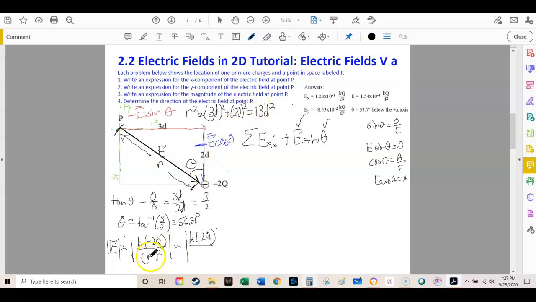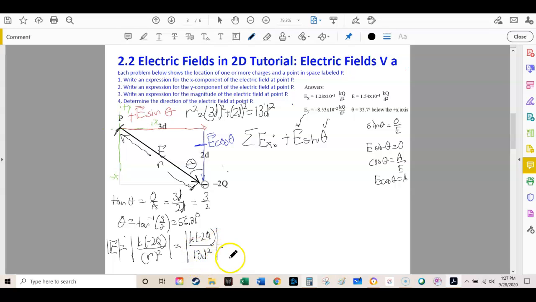Well, this is already r squared on the bottom, so don't put r in and then square it, because you'll just be squaring the square root. So suffice to say, just go ahead and put your 13d squared here. Since r squared is equal to 13d squared, just write it in here.